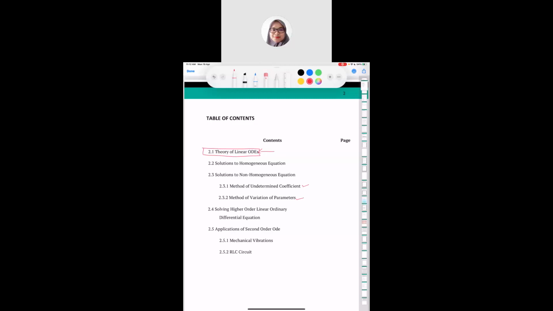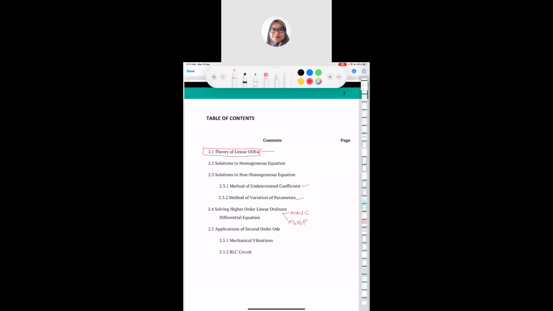So in your syllabus, I will discuss the second order, solving it using the method of undetermined coefficient and the method of variation of parameter. And we will also discuss solving higher order using the same methods, method of undetermined coefficient and method of variation of parameter. So only 2 methods involved.